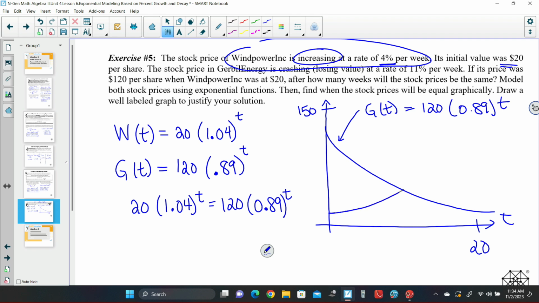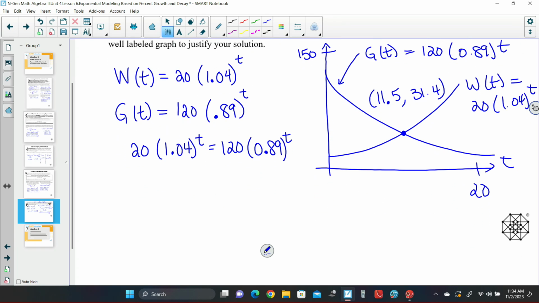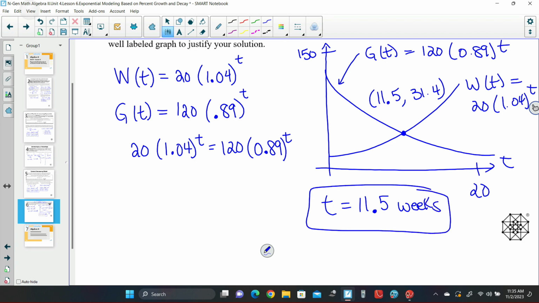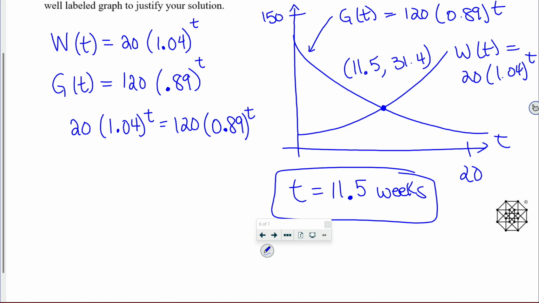Then we had our other one, which was wind power, and that was 20 times 1.04 to the t. And then we had them intersect at 11.5 comma 31.4. And so I can now say, right, that t equals 11.5 weeks. That is when the two are equal to each other.